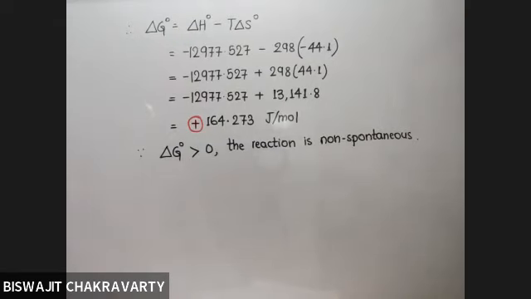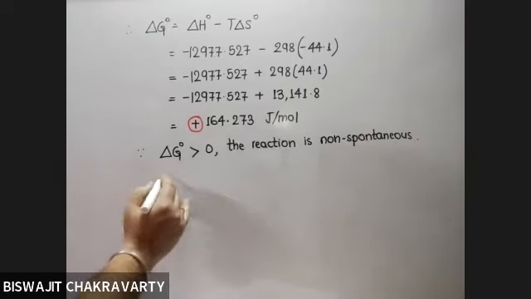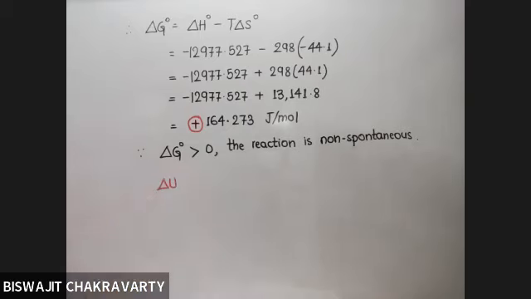So always remember that the 4 different types of thermodynamic quantities that we have come across are change in internal energy, change in enthalpy, change in entropy, and change in Gibbs free energy. These are the 4 important thermodynamic properties.